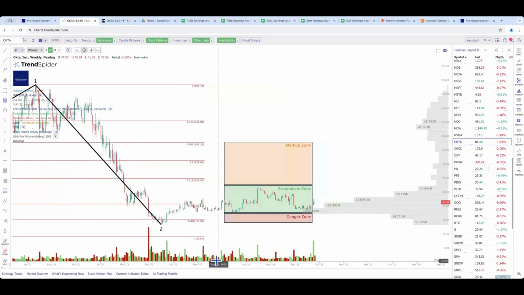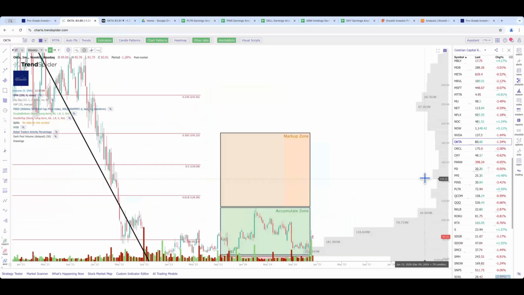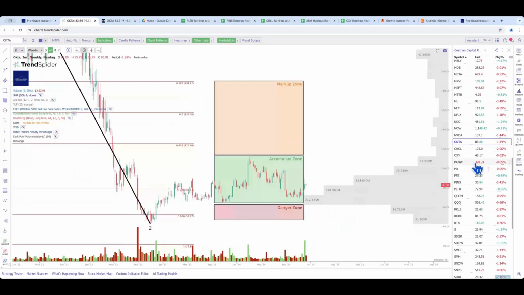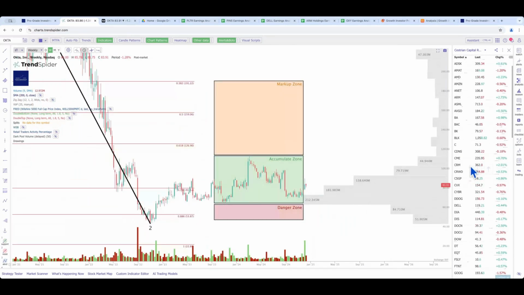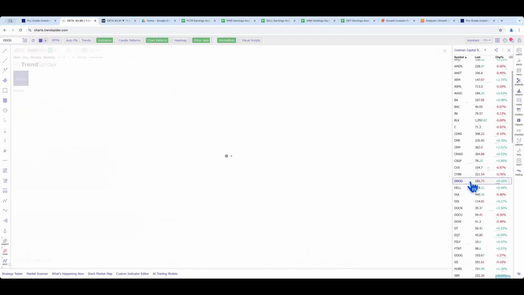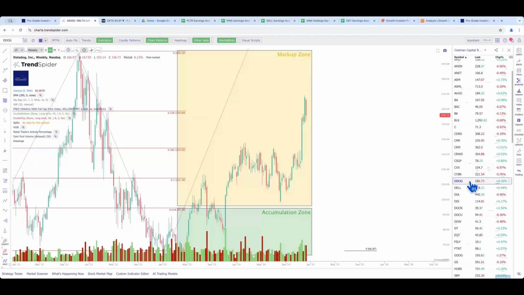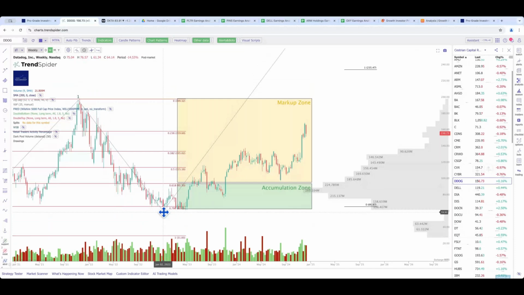A lot of these younger enterprise software businesses have struggled a bit of late. So if we look at Datadog, for instance, Datadog put in a low of 60 thereabouts, and it's run up to almost 3x that. It's gone from a low of 60 to a recent high of 170. It's a weekly chart.